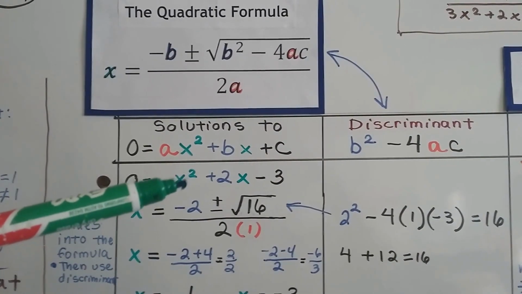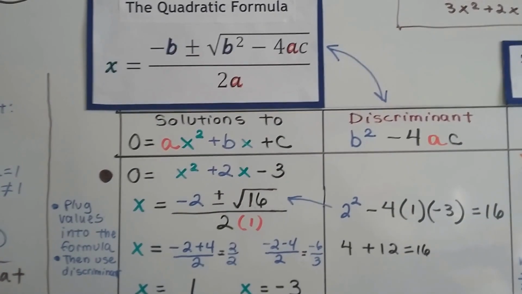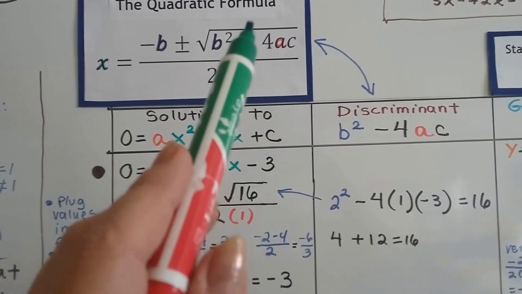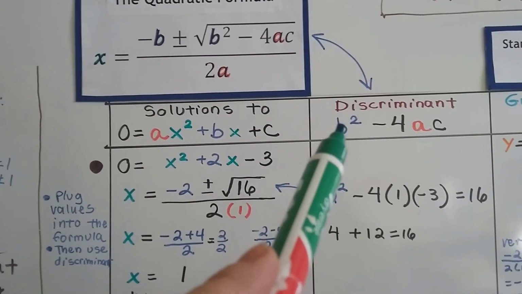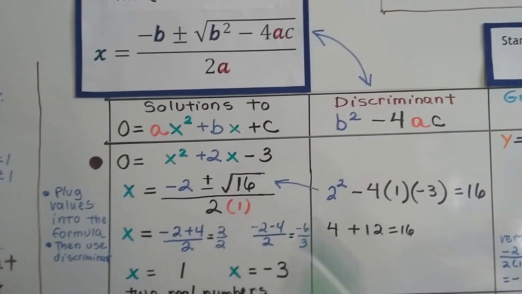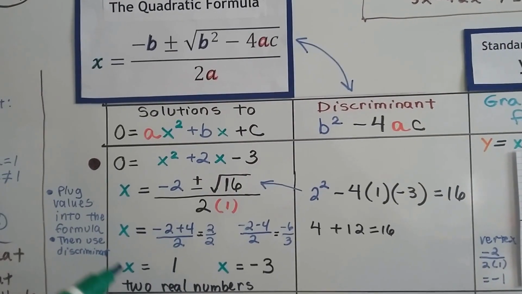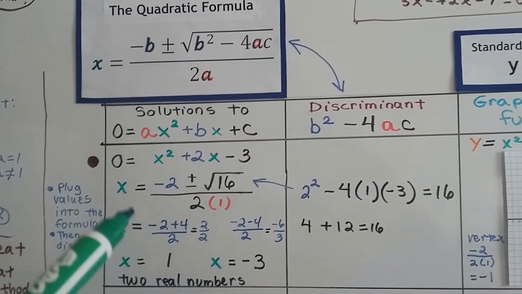We're going to plug these values into the quadratic formula. And to find out what goes underneath this radical sign, we're going to use the discriminant, okay? We'll plug the values into b squared minus 4ac to find out what goes underneath that radical sign, all right? So we're going to kind of go in a circle, all right? We're going to kind of put it all in.